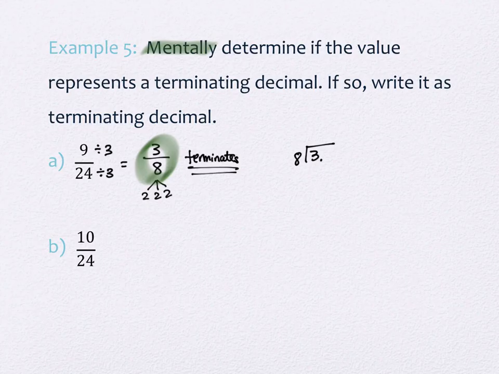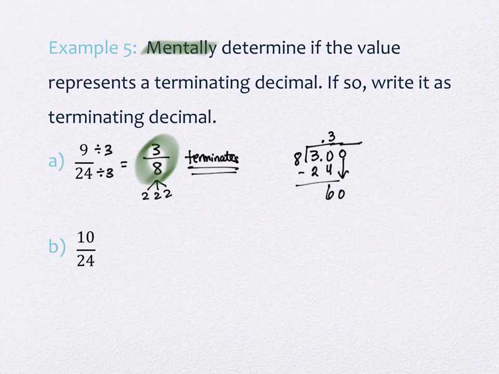You're welcome to check with your calculator, but you're going to actually do it with the division on the paper. So how many times does the 8 go into 30? 3 times. What's 3 times 8? 24, and we subtract. What's 30 minus 24? 6, and then we put a 0 here and we bring it down.